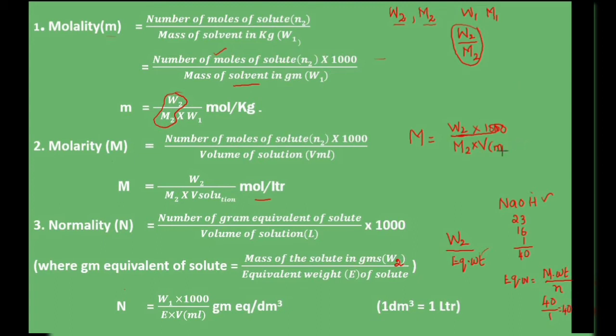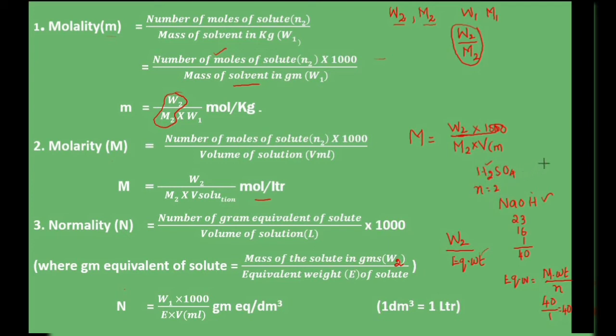This was sodium hydroxide. Now let us take an acid, H2SO4. See how many hydrogen atoms are here? This sulfuric acid can afford 2 hydrogen atoms. So in the case of acid, we will be taking the basicity. So n will be equal to 2. How to calculate the equivalent weight of sulfuric acid?